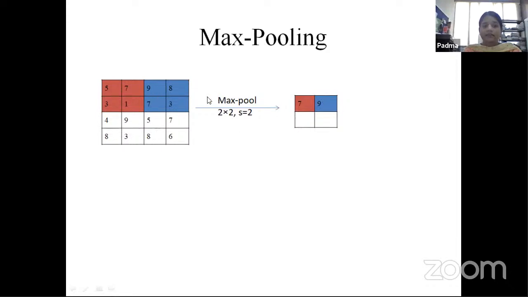Next, as we have reached the end of the input from left to right, we need to move to the bottom side. From the top we start, go left to right, and once we reach the right side, we need to move towards the bottom.